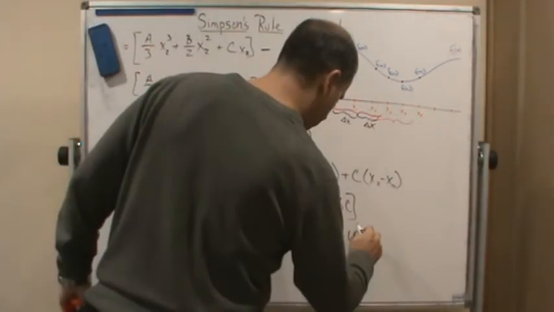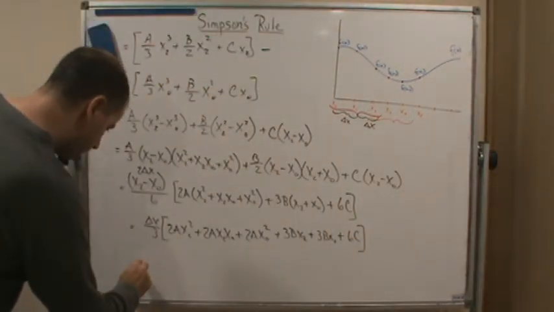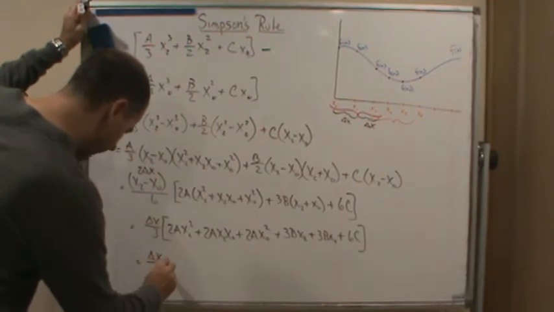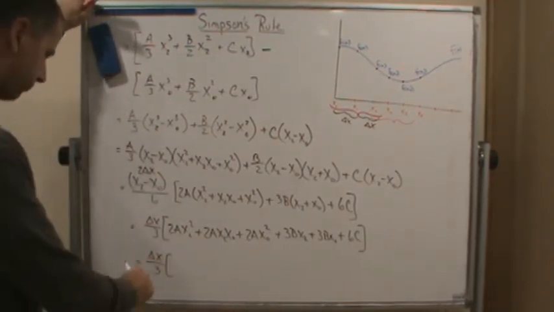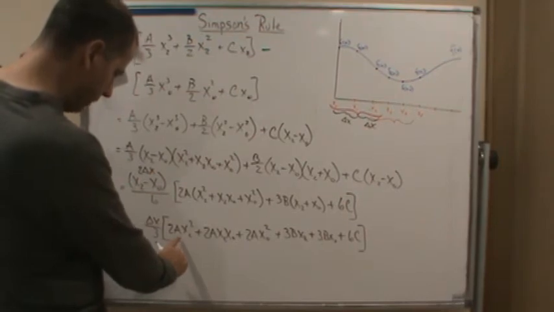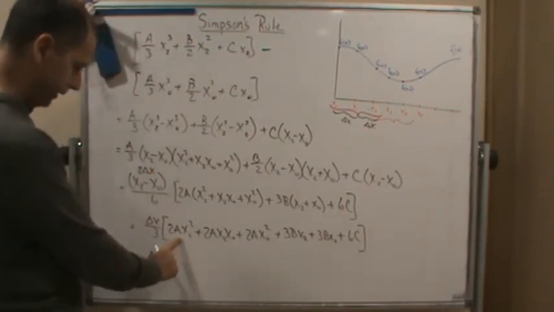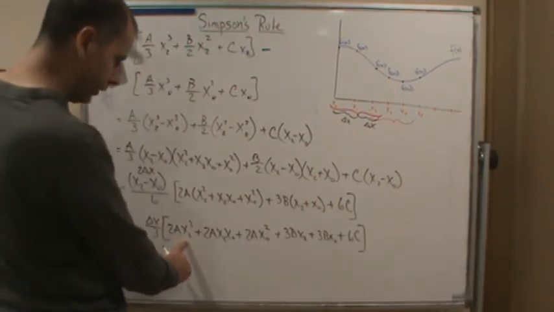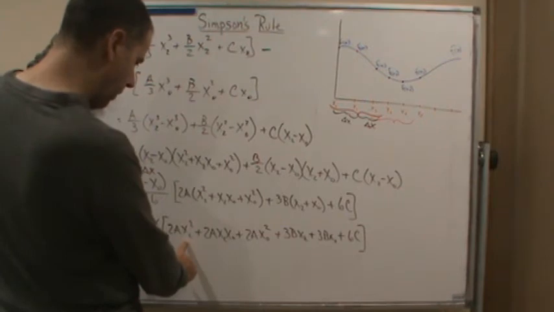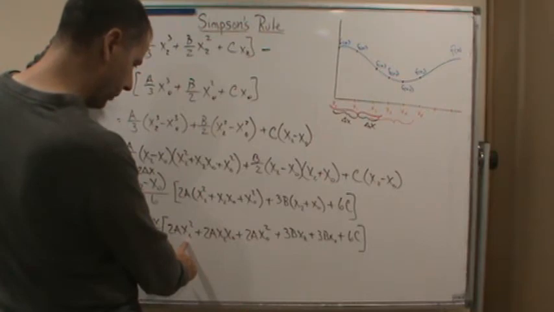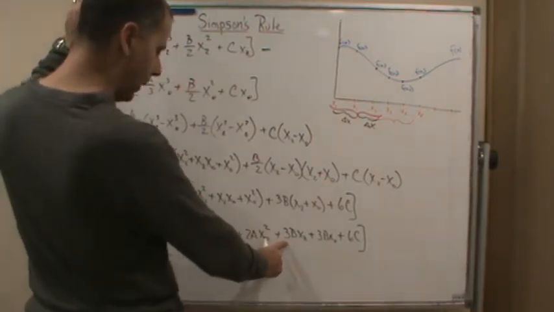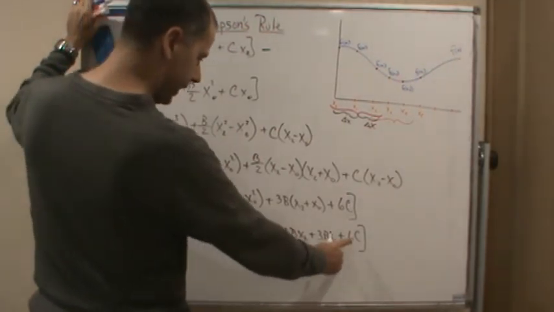So let's rewrite this as delta x over 3 times, now, I've got 2ax2 squared, I've got a 3b here, and I've got 6c here.